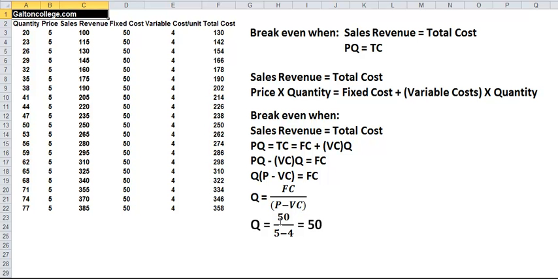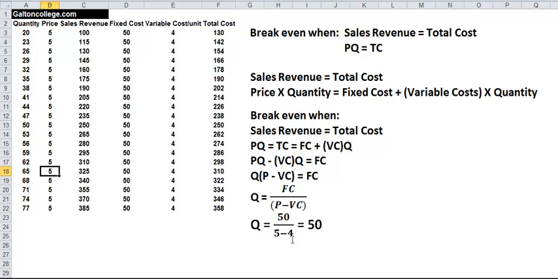Now let's substitute numbers in here. Fixed costs are 50, all the way down. Price is 5, constant all the way.